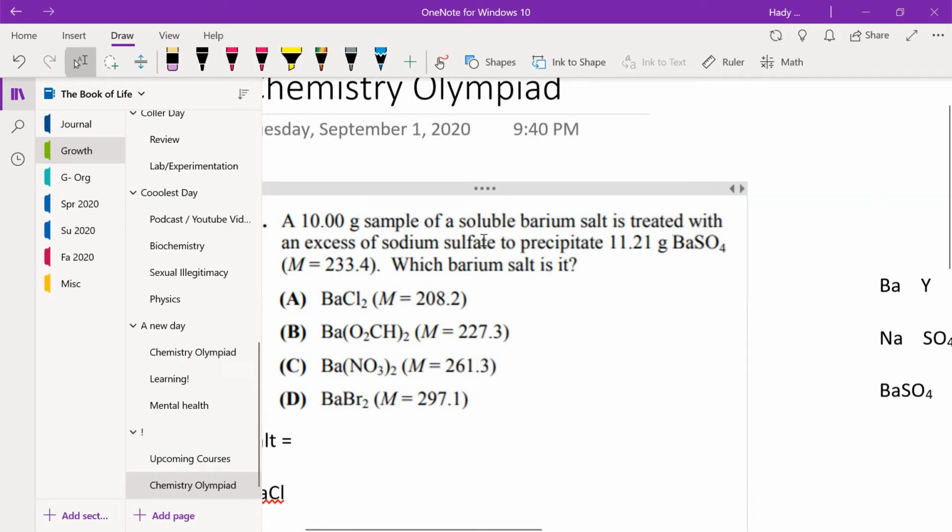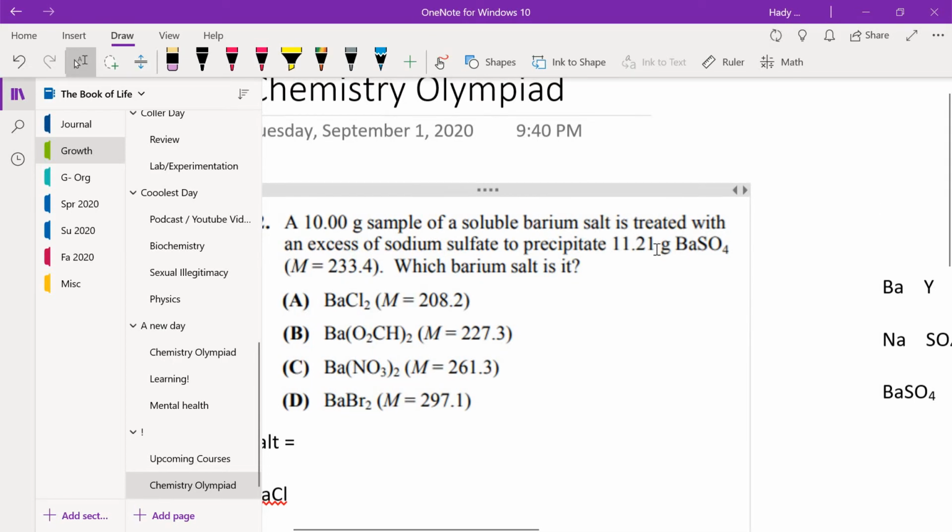So we have 10 grams of soluble barium, and it's going to precipitate this much barium sulfate. So this is an interesting question. I think there are multiple ways you can do this.